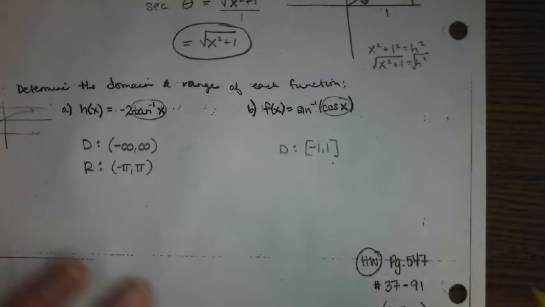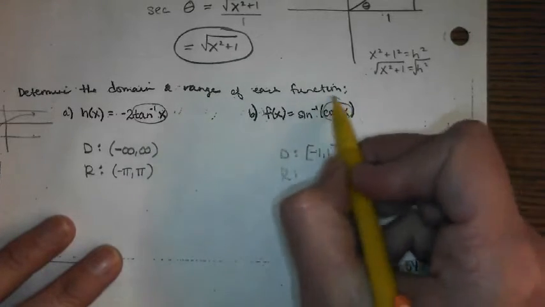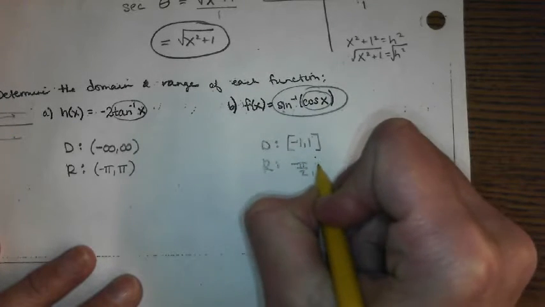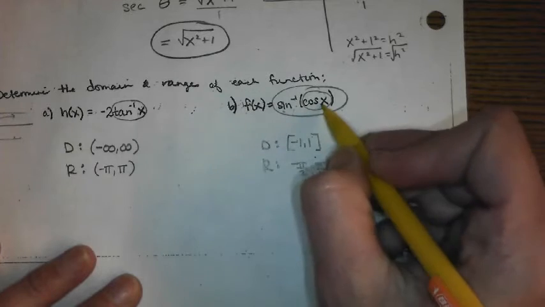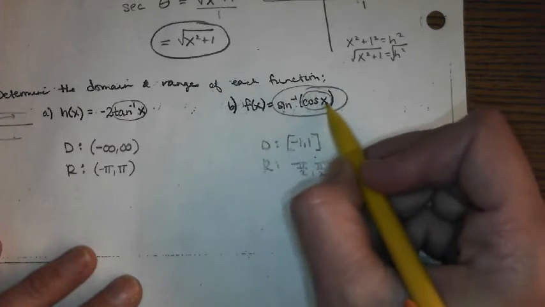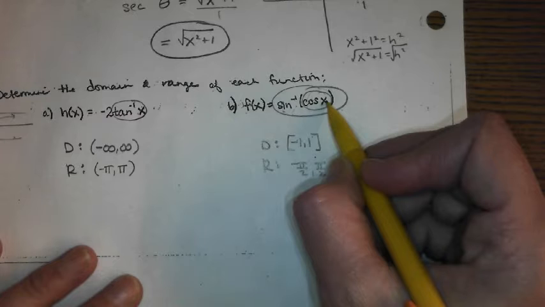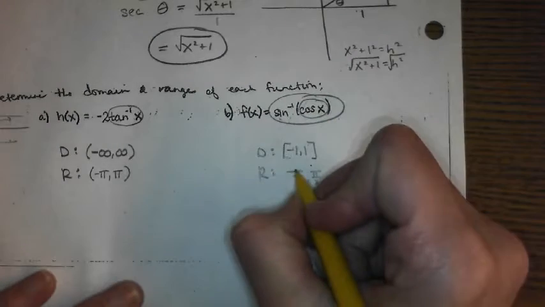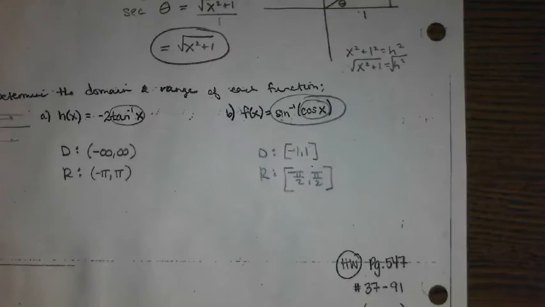And our range, because it's the range of our outermost sine inverse, is negative pi over 2 to pi over 2, because no matter what we plug in, we're going to get something that's between, well, it could be anything, right? Wait a minute. We screwed up. I believed you, and I shouldn't have.